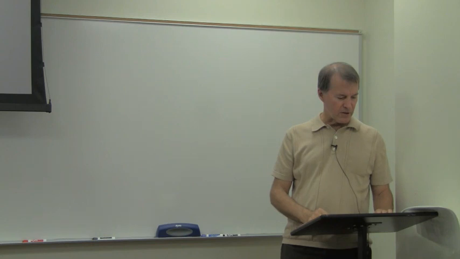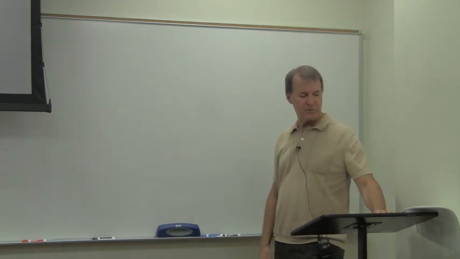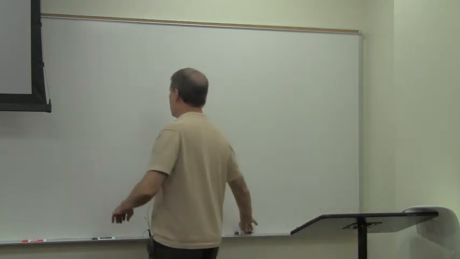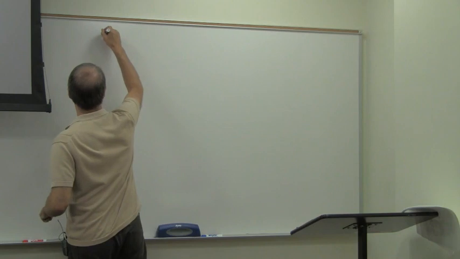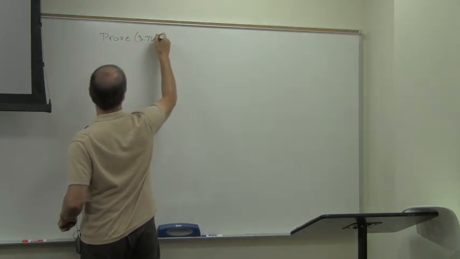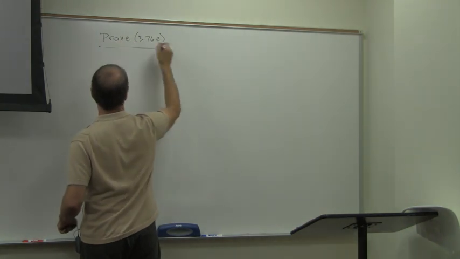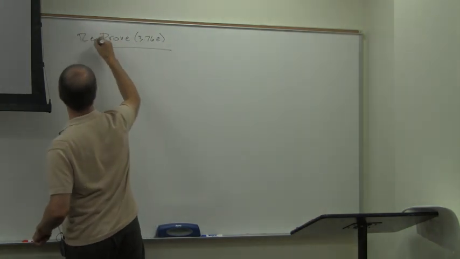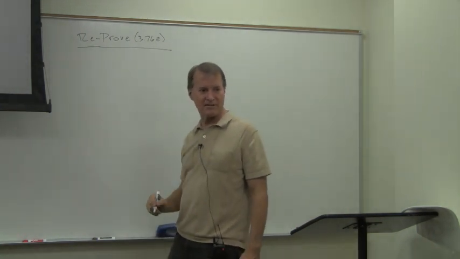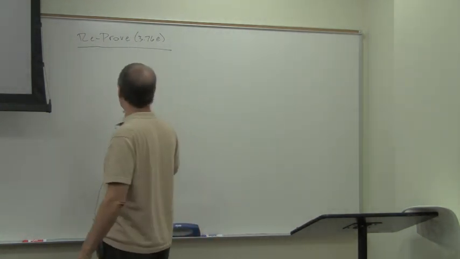Well, why don't we prove 3.76c by assuming the conjuncts of the antecedent? All right. This is a reproof. It's not a true proof, it's a reproof, right? Okay.